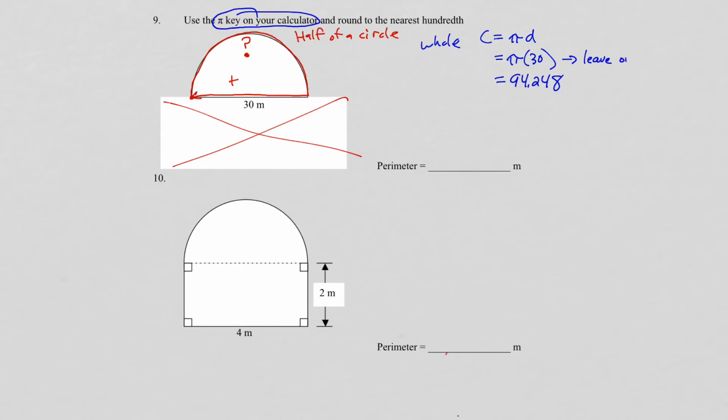So leave it on the calculator screen. And then you have that sitting there on your screen, and then we want the half circle. So we're going to have to cut it in half, so we'll divide it by 2.